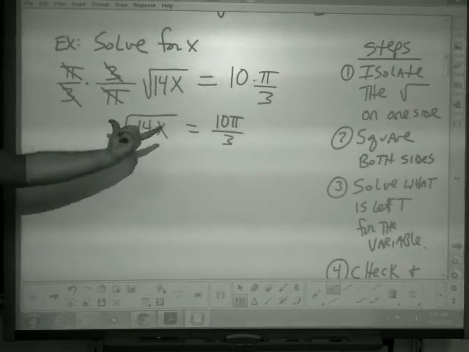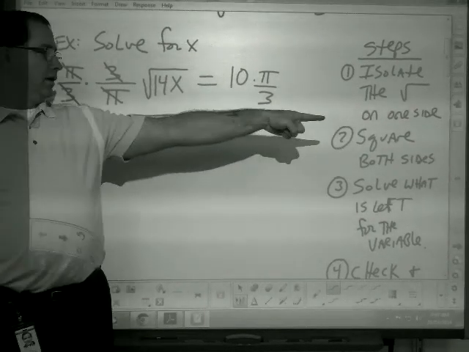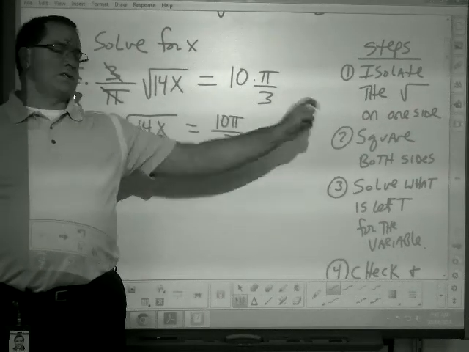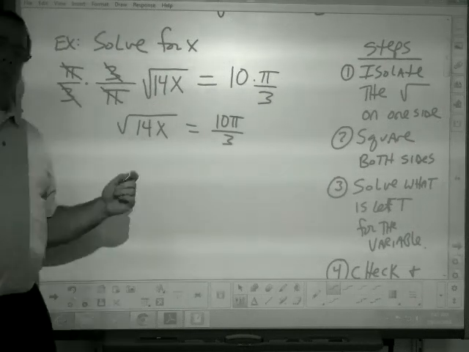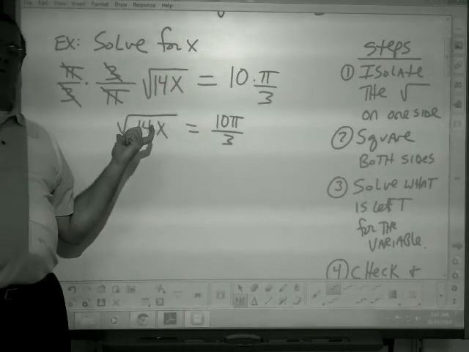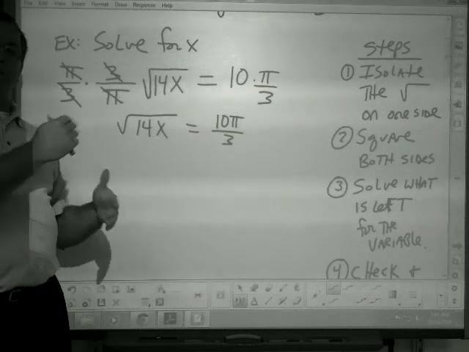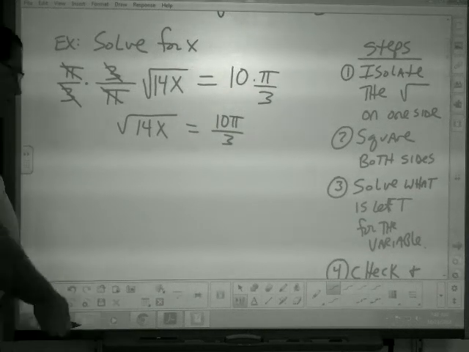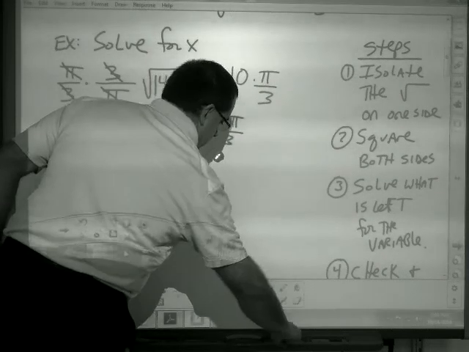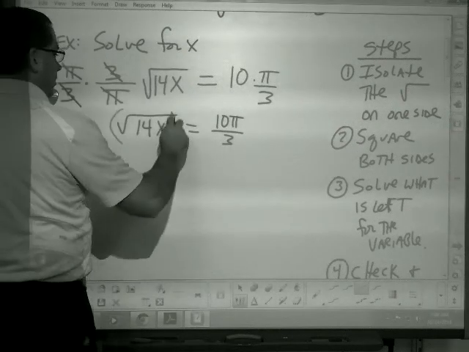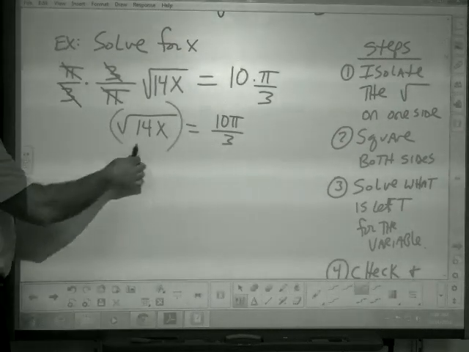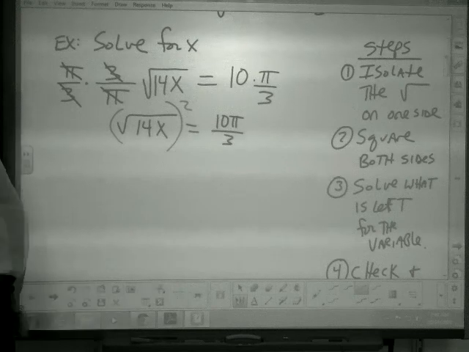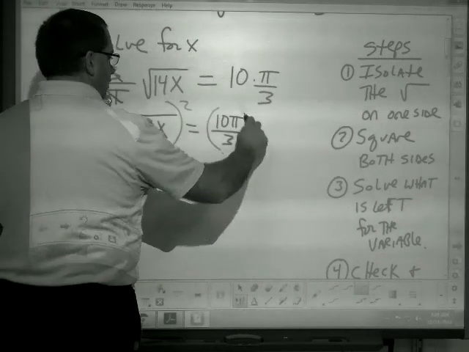All right. Once I have this radical isolated, then I can square both sides. Squaring is the opposite of square rooting. It's the undoing of square rooting. So what I'm going to do is put whatever this radical is in parentheses, and then I write squared out there.